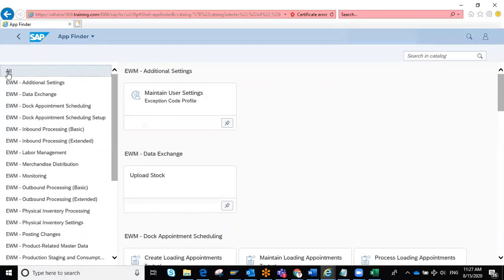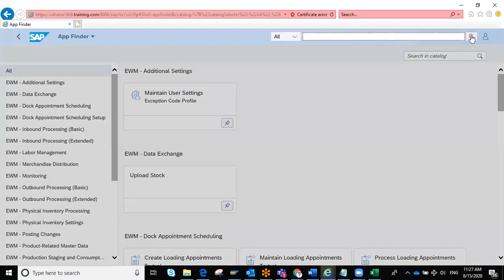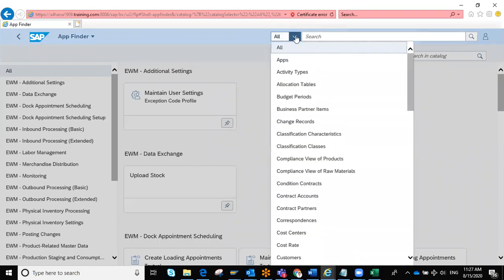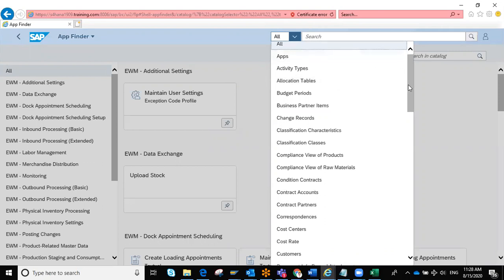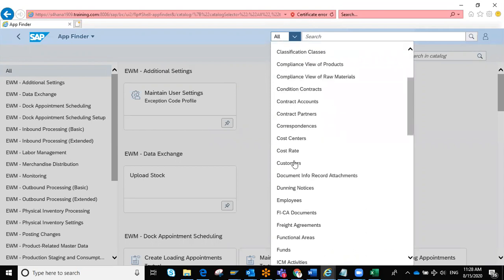Also, we have got all the other transactions in a particular category, like maybe related to contract accounts or contract persons, or related to the applications of activity types, okay, or customers, employees.